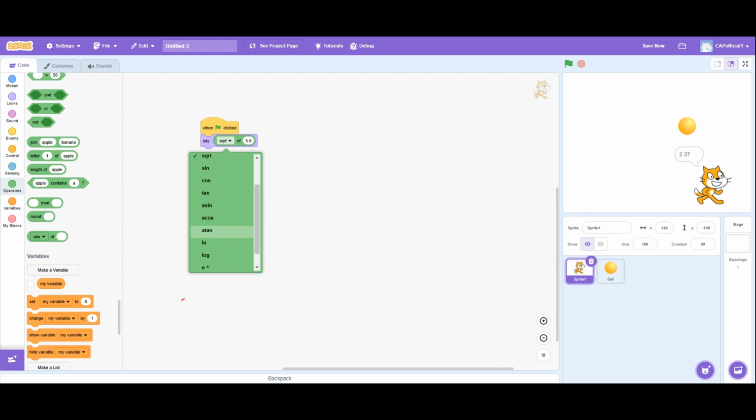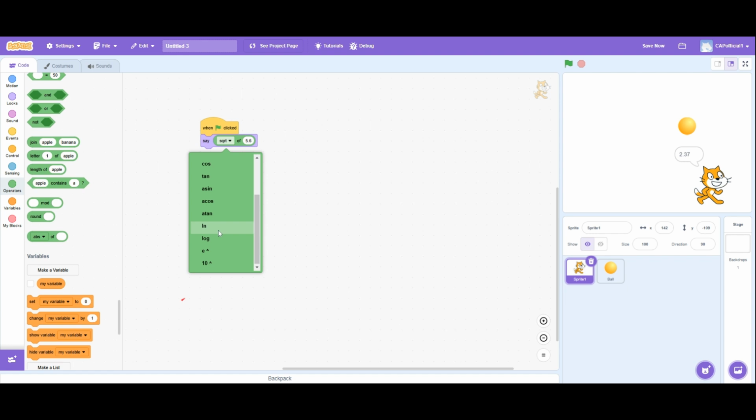These are all the inverses of each of the previously stated trigonometric functions. So sine is arc sine's opposite. Arc cosine is the opposite of cosine. Arc tan is the opposite of tan.